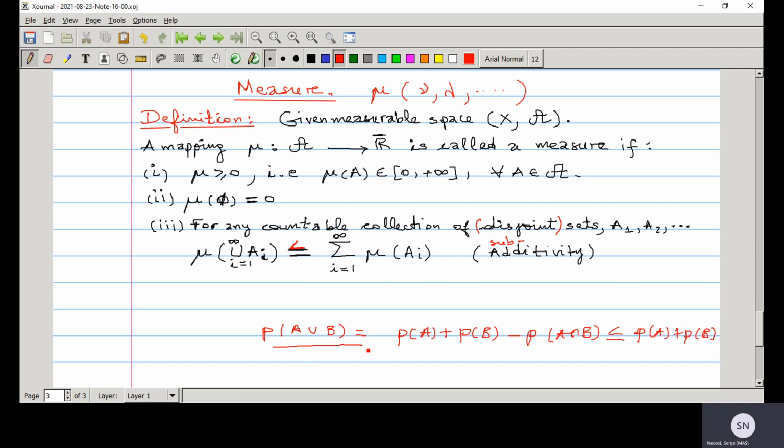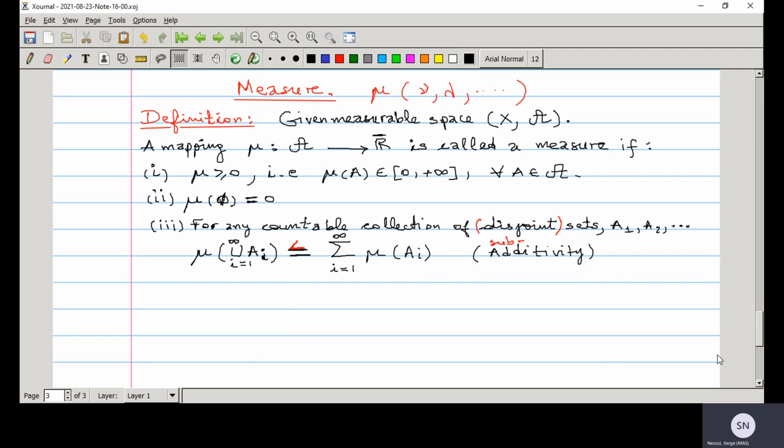So the probability of the union is less than or equal to that. If they are disjoint, you have equality, and this term will not be there. So this information about the sets being disjoint is what gives you equality. But if you don't specify that information, you use less than or equal, and that property is called subadditivity. This is worth mentioning.